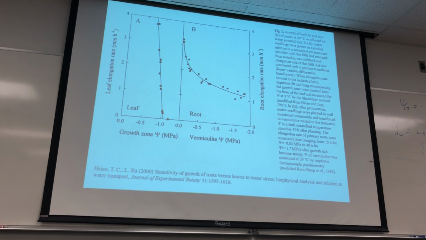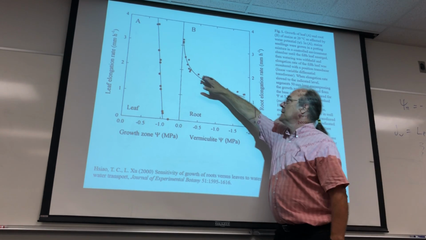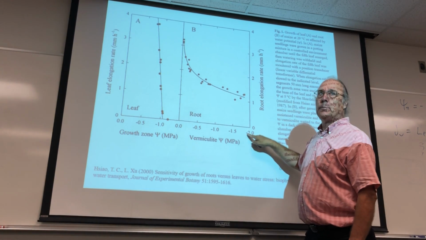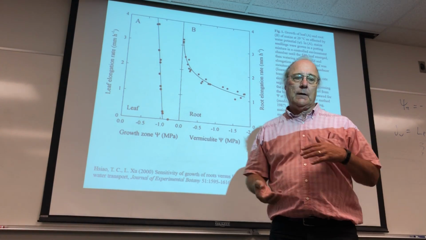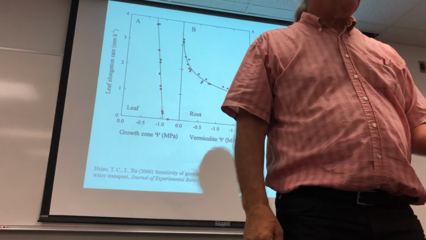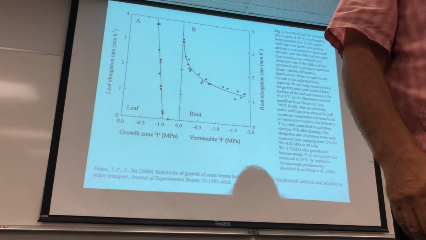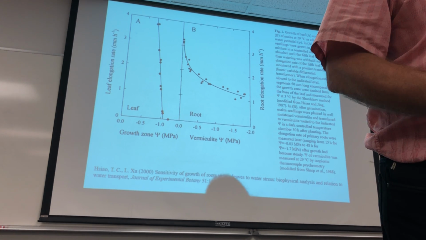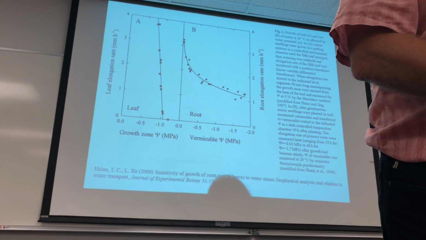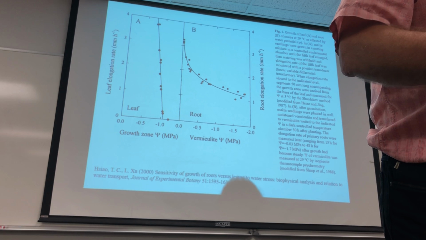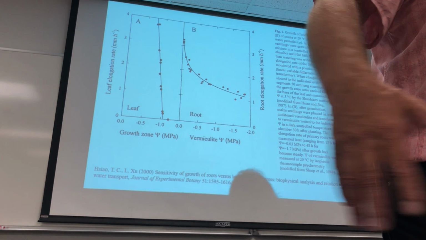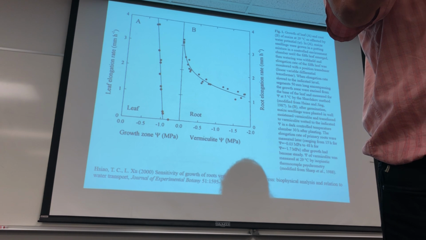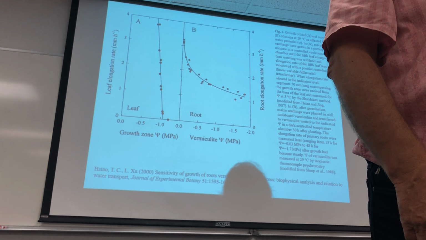The fact that roots behave differently and can keep their cell expansion positive in the face of decreasing water potentials allows the plant to have another strategy for surviving long-term water stress, which is altering the root to shoot ratio, ultimately having a response that ends up with more plant biomass in the root system versus in the shoot system in the face of stress.